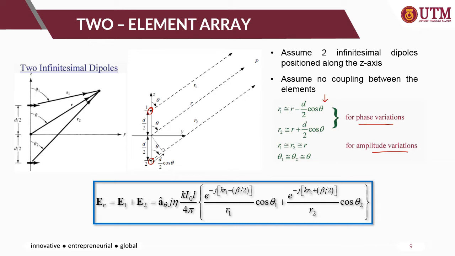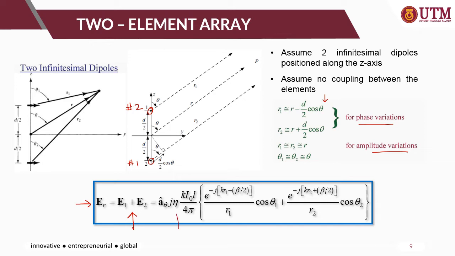And the total fields radiated by this two element array are given by the vector sum of the individual elements E1 and E2. In this case, we have the first element and the second element, and it is given by this equation.